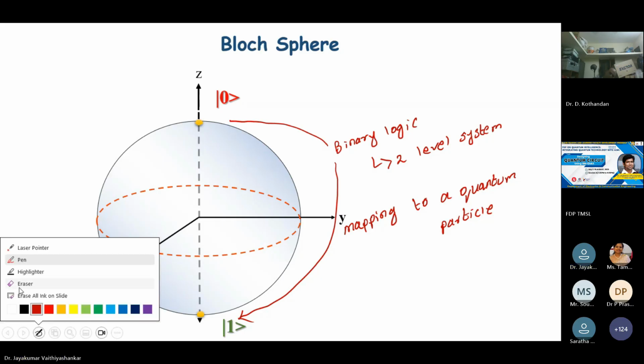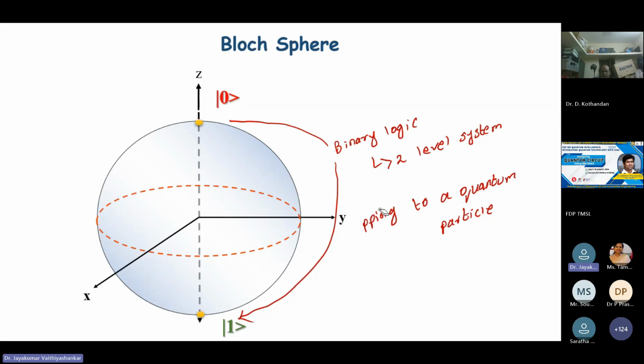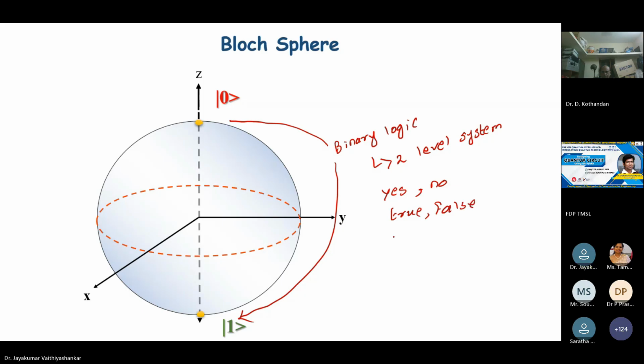Take an example of binary logic. We can represent any opposite information in binary logic: yes or no, true or false, black or white, 0 voltage or +5 voltage, fully charged or fully discharged.